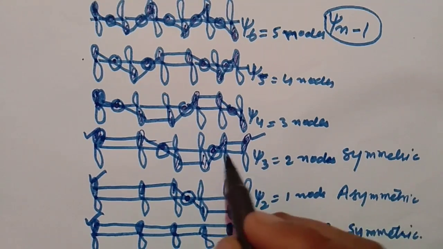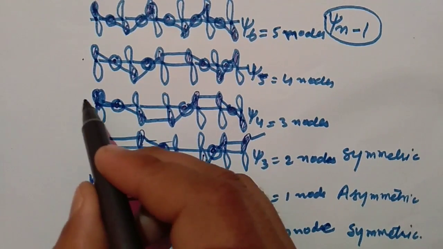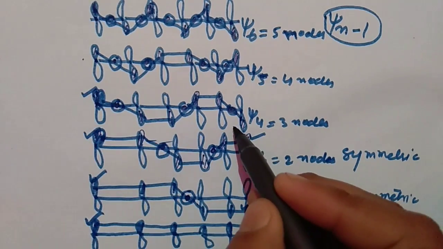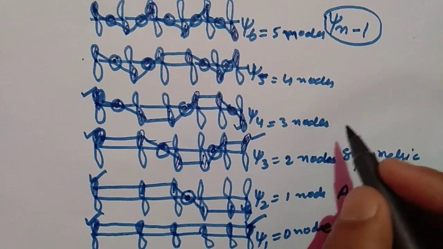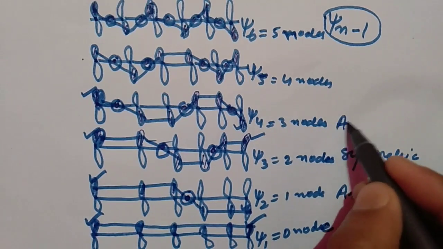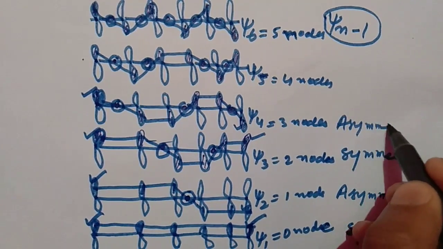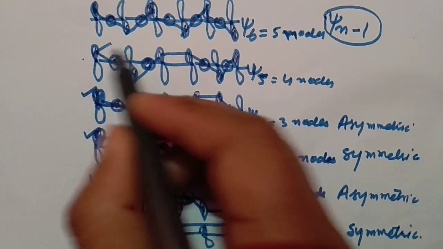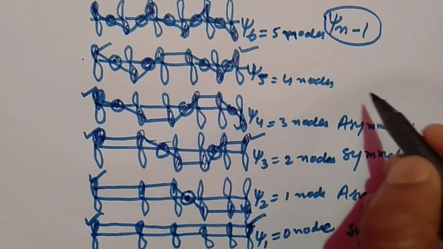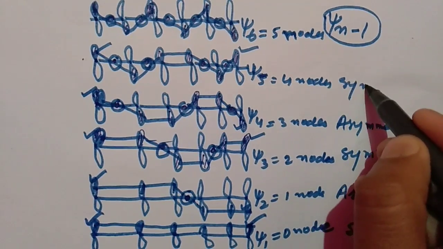Then again this lobe and this lobe have different sign, so this is asymmetric. Same sign, symmetric.